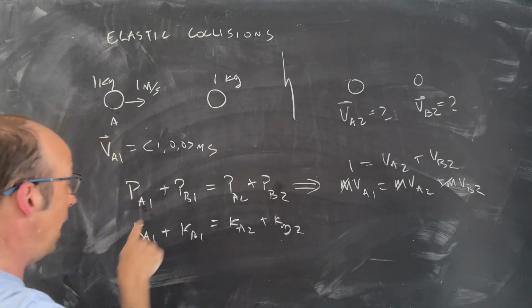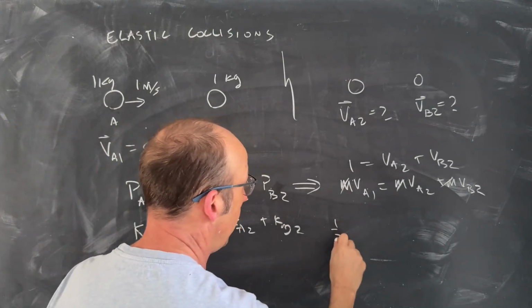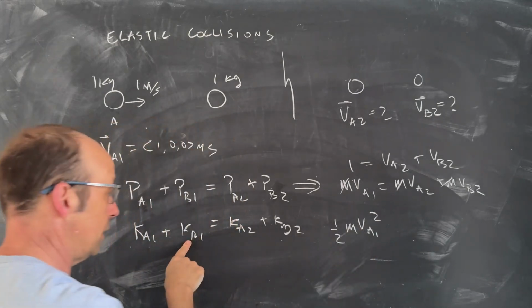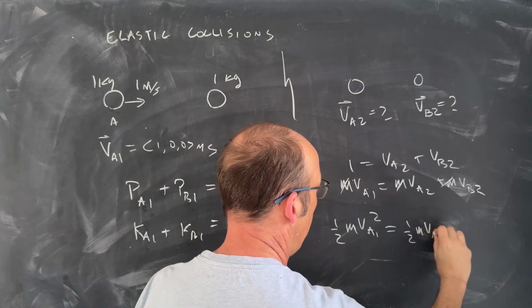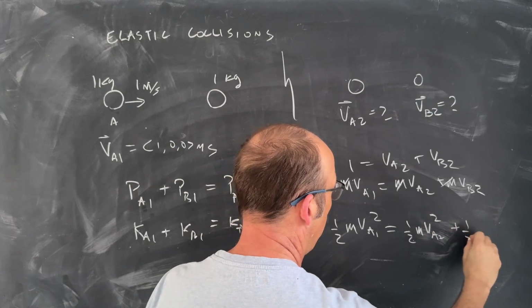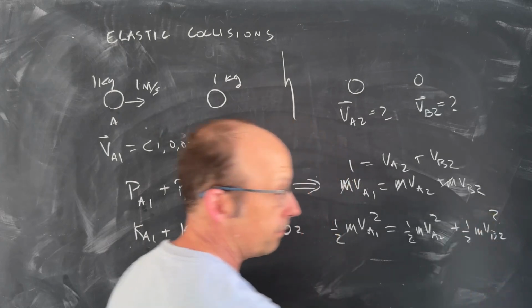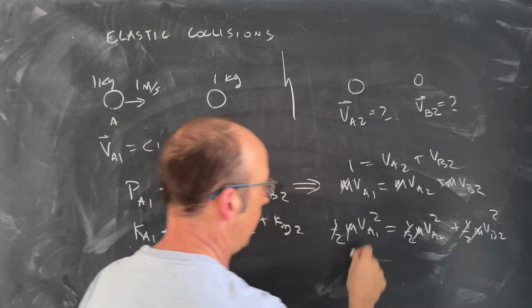That's what I have. Now for the kinetic energy, the first mass is going to be 1/2 m VA1 squared. The other one's not moving. It's going to be equal to 1/2 m VA2 squared plus 1/2 m VB2 squared. Mass cancels, 1/2 cancels, and that's 1.